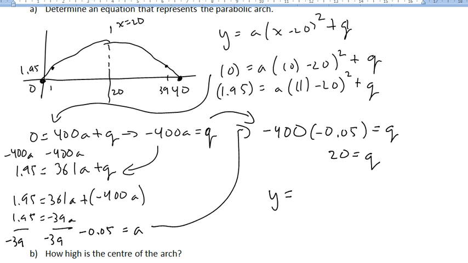So our equation is y equals negative 0.05(x minus 20) squared plus 20. So our vertex up here is going to be (20, 20). And it's going to be really spread out. It's going to be really vertically compressed, which is going to make it look like it's stretched left to right. And obviously we're opening down because of the negative.